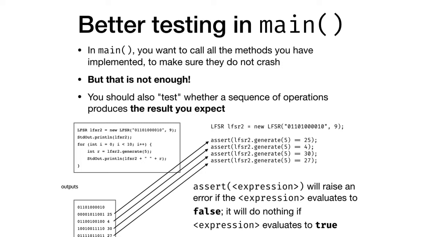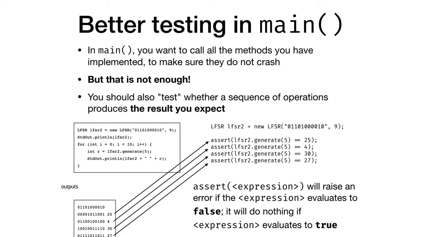And what was important was the sequence of values that are returned by generate 5. That sequence of values is 25, 4, 30, 27, and so on. So the way that you tested whether that piece of code was accurate is you ran it and you compared that output. But you could also have the computer do that for you. One way to do that is here.